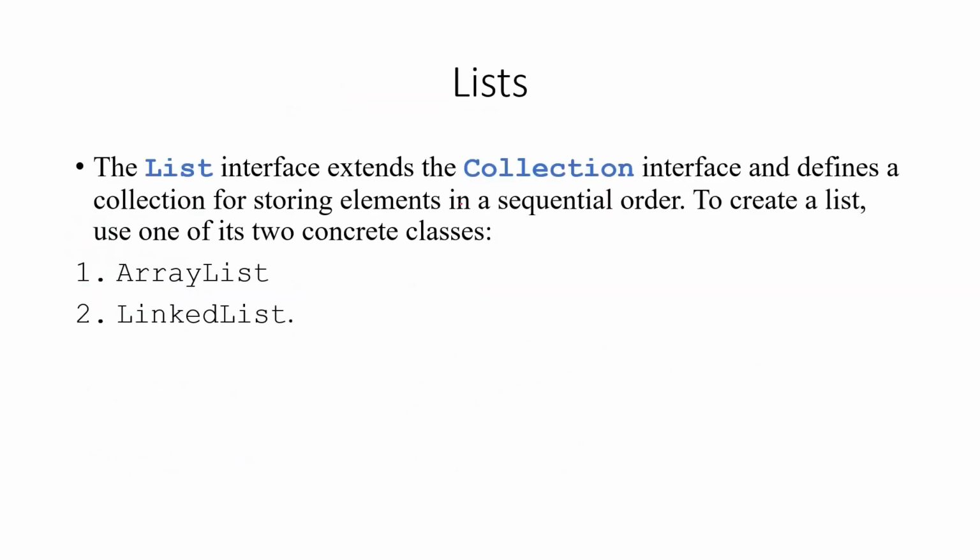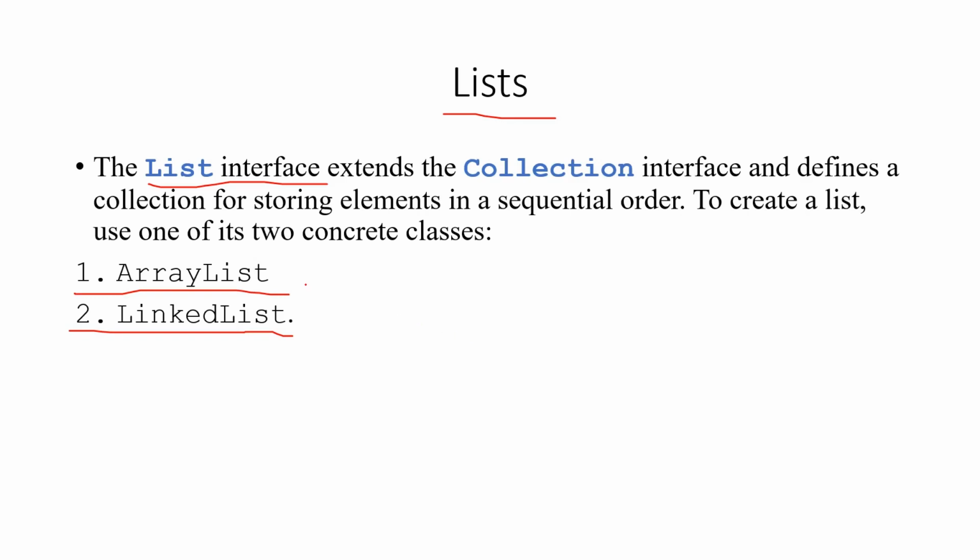So first we'll talk about lists. List is also an interface, and we have two concrete classes that inherit from the list: first ArrayList, and second linked list. These two data structures store elements dynamically, so you don't need to define the size.